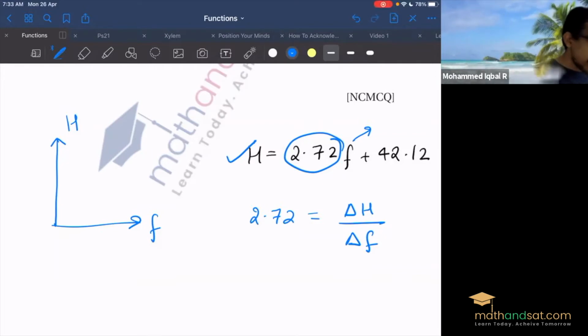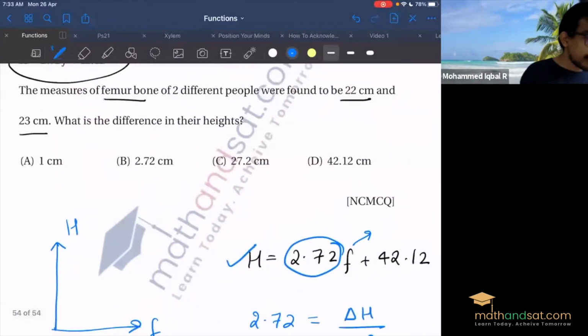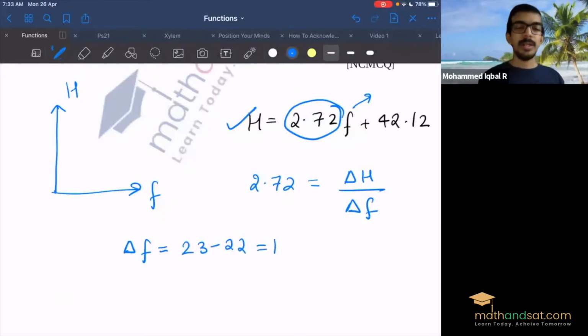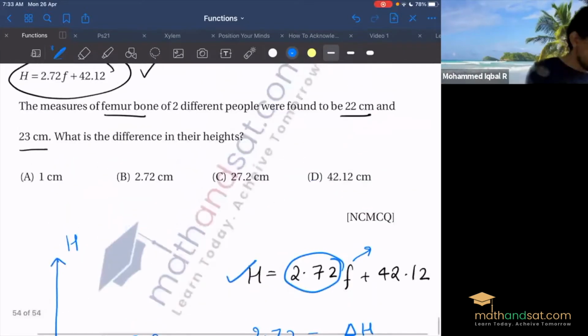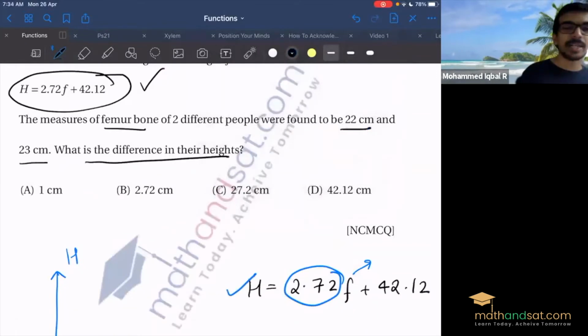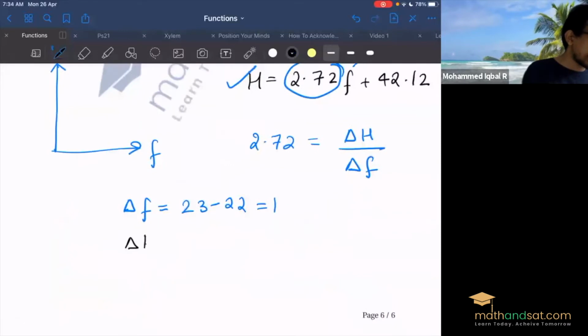Now, the change in the independent variable is given by 23 minus 22, which is 1. What they have asked is delta h. Why? Because it clearly says what is the difference in their heights. So we need to find delta h here.